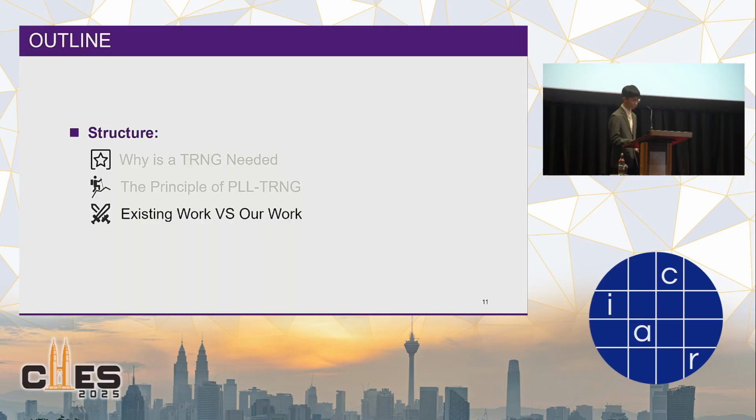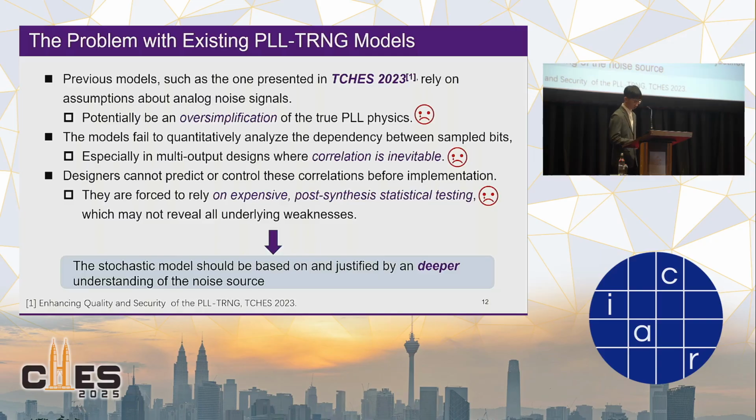So this brings me to the motivation of our work and our proposed stochastic model. The previous models, while a significant step forward, may oversimplify the complex physics of the PLLs. This may lead to two critical issues.